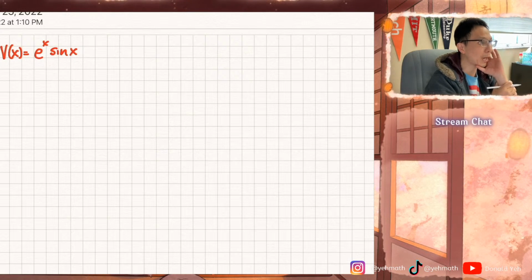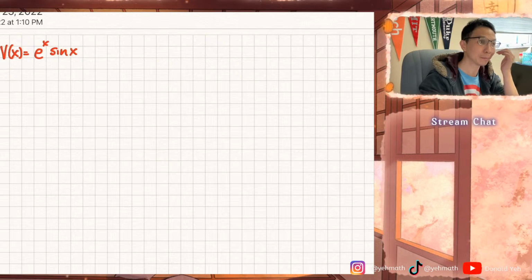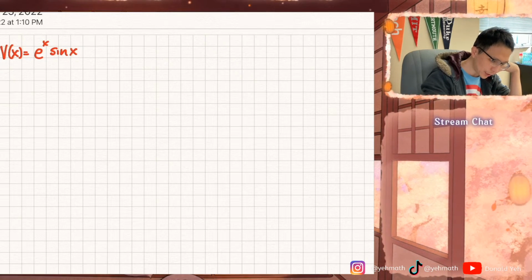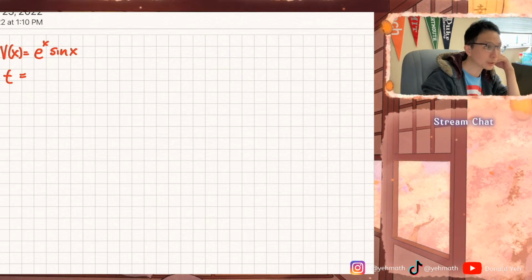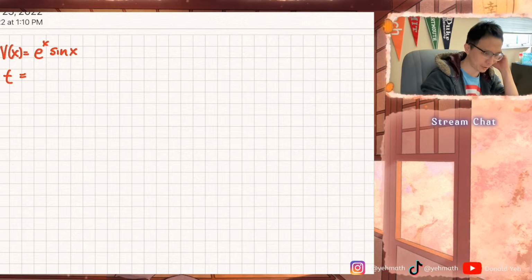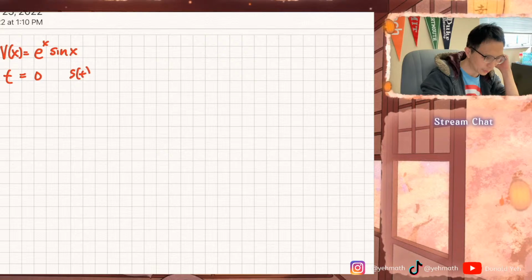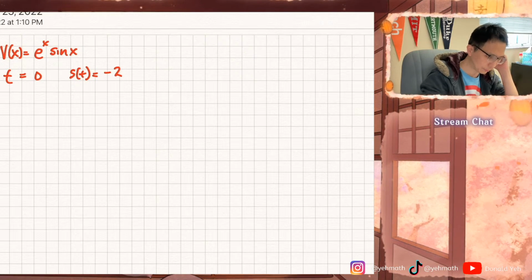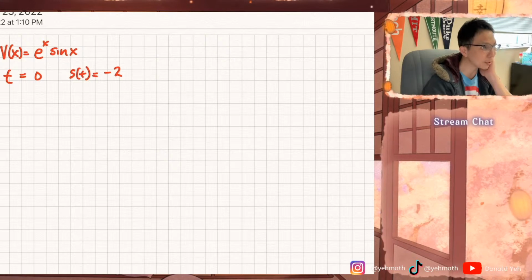I'm going to give you a little bit harder one. At t equal to 0, s of t is equal to -2. That's called the initial condition. Do you guys remember that? t equal to 0, s of t is equal to -2.